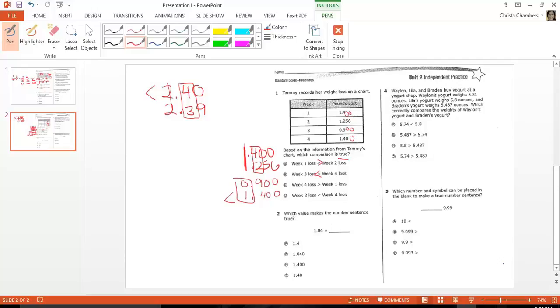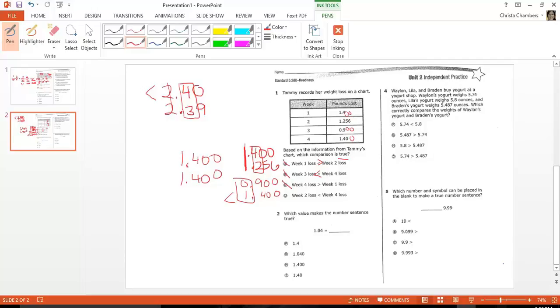Week 4 is bigger than week 3. So A and B are both out. Let's look at C, week 4 and week 1. Week 4, I'm going to write it over here as 1.400, and week 1 is 1.400. So one is not bigger than the other. They're actually equal. So C is out.